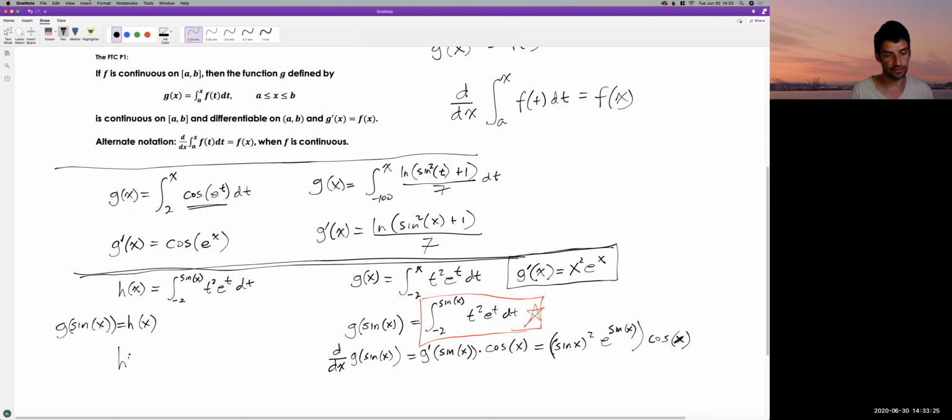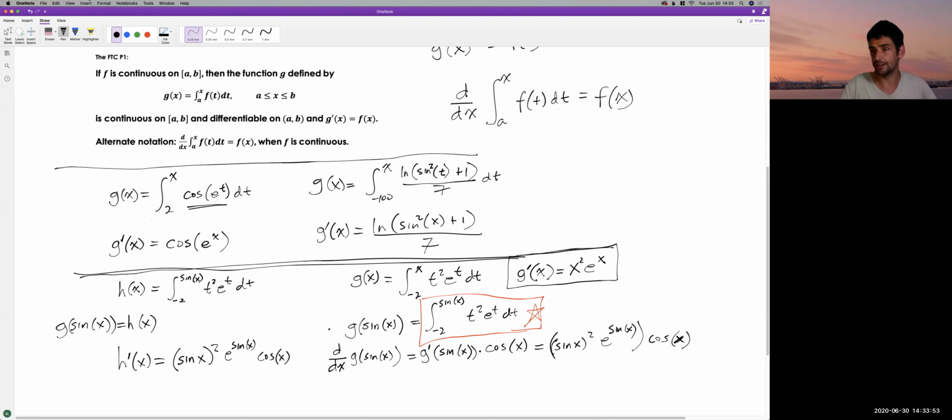So all of this is to say h prime of x is equal to sine of x squared e to the sine of x times cosine of x. So we do get a little bit of complication when we do something like this, where we put a function in the integrand, but it's not unmanageable to deal with.